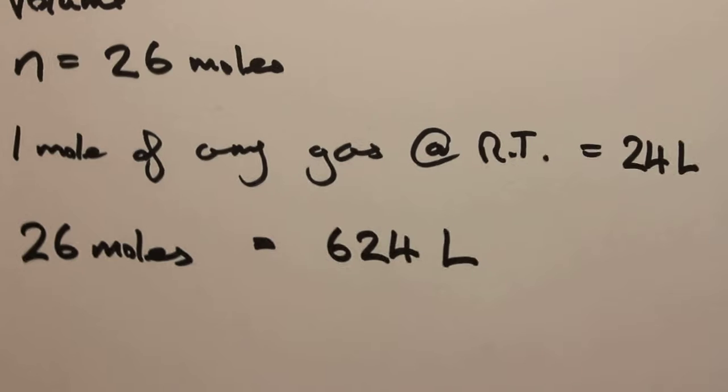There are 2 ways we could do this. We could go back and do all of our calculations again, calculating the number of moles and then the volume. But there's actually a simpler way of doing this.